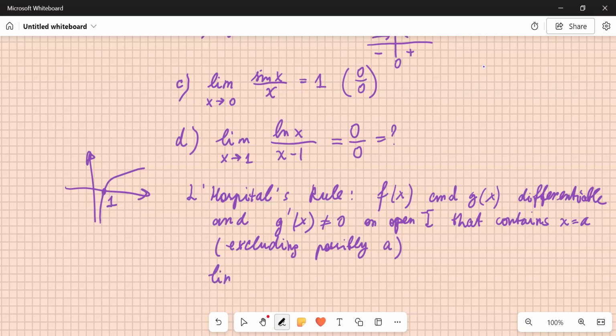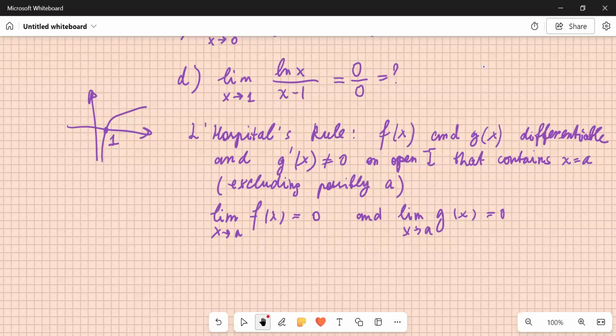And the limit of f of x as x approaches a equals 0, and the limit of g of x as x approaches a also equals 0.